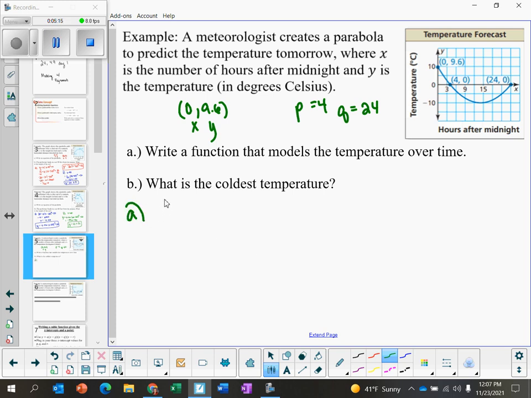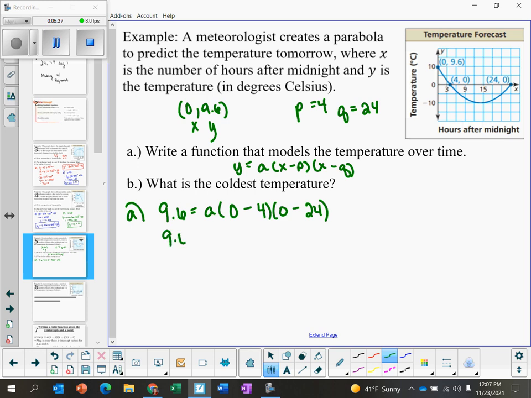So that means we're using y equals a times x minus p times x minus q. So that's going to be 9.6 equals a times (0 minus 4) and then again (0 minus 24).